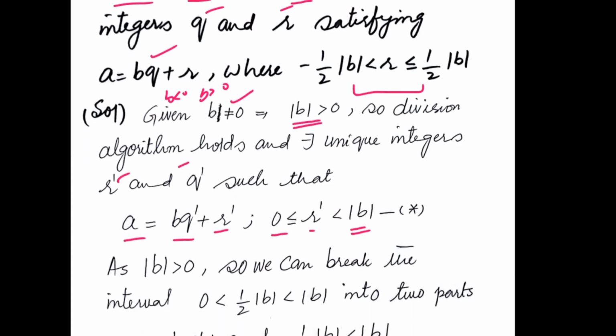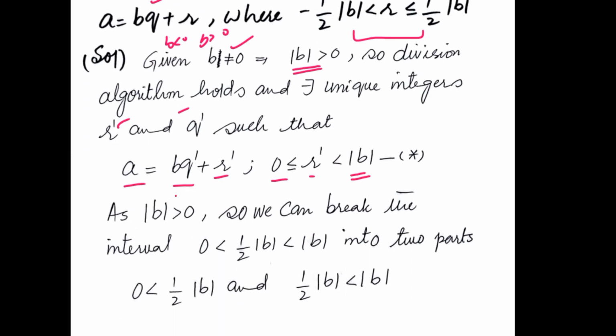Okay, as |b| is positive, we can break the interval 0 less than half |b| and half |b| less than |b| into two parts. The half of any positive value, suppose here b is |b|, will always be less than |b|, and the absolute value is always positive. So we have this interval.